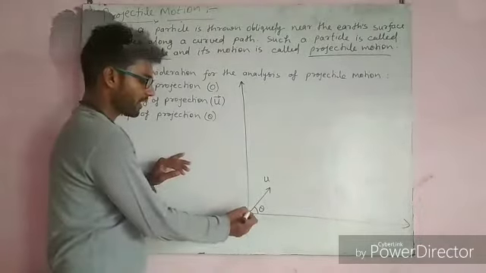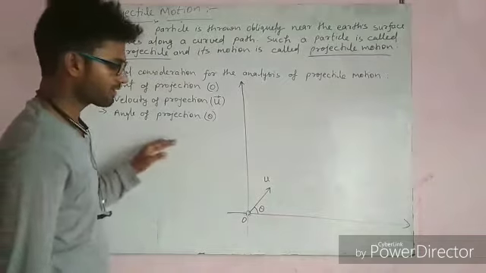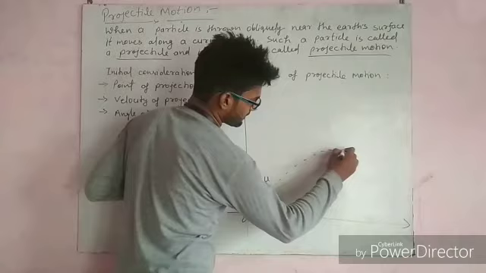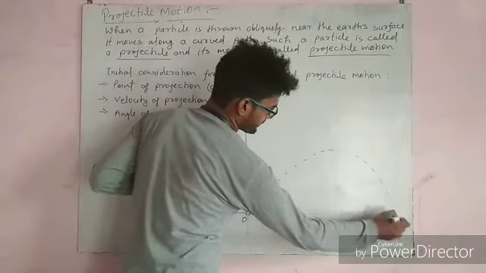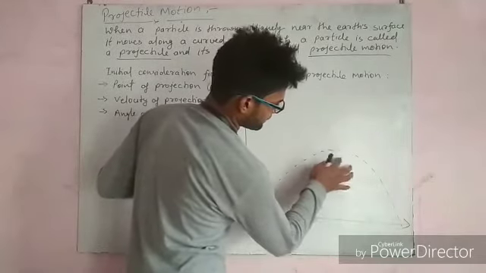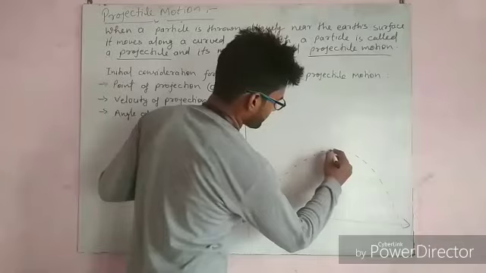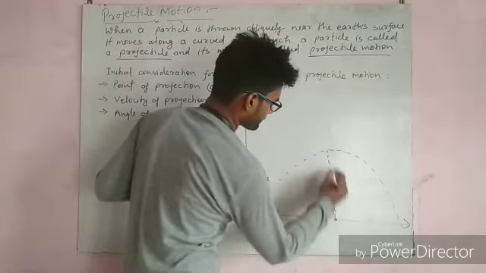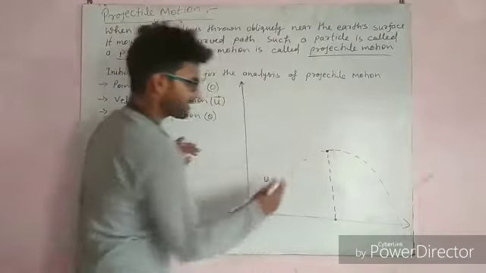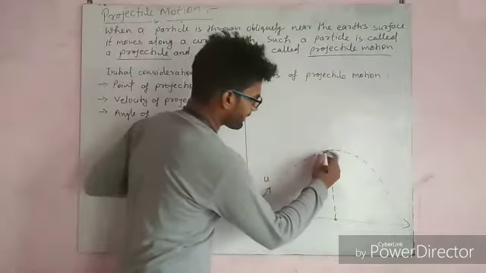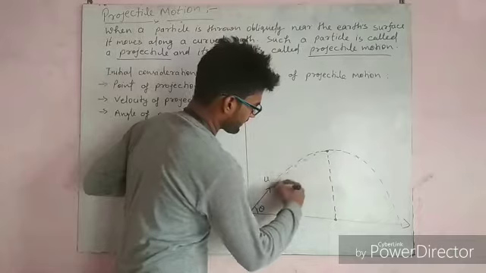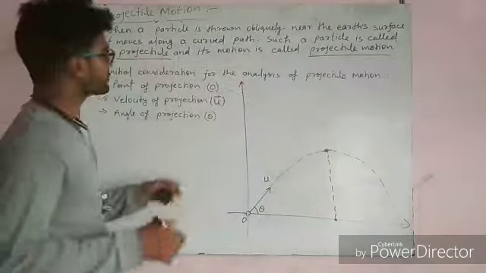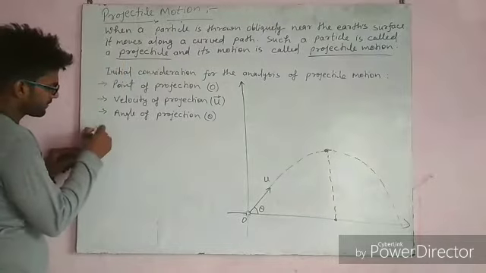So now if the particle is projected from here, it will follow a certain curved path. You can see here something like this, and at a certain point the particle is at the peak point.